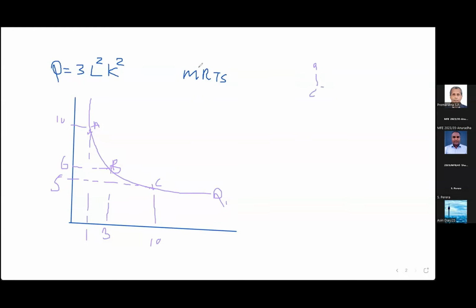Now we know how to get the MRTS. If this is the production function, to get the MRTS you differentiate the production function with respect to L, plus differentiate with respect to K also.